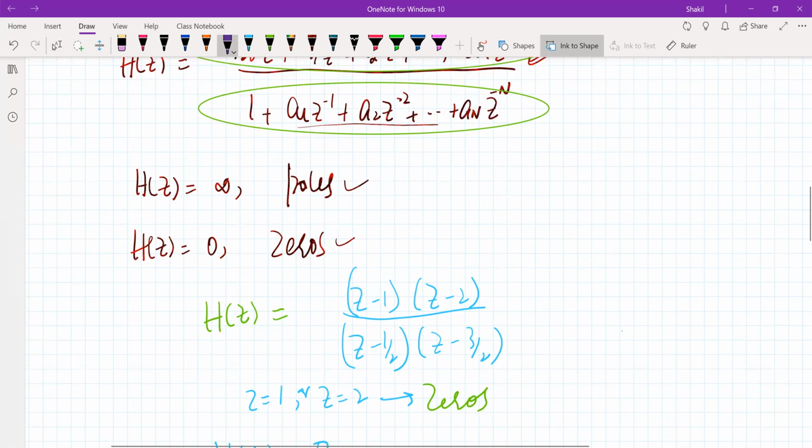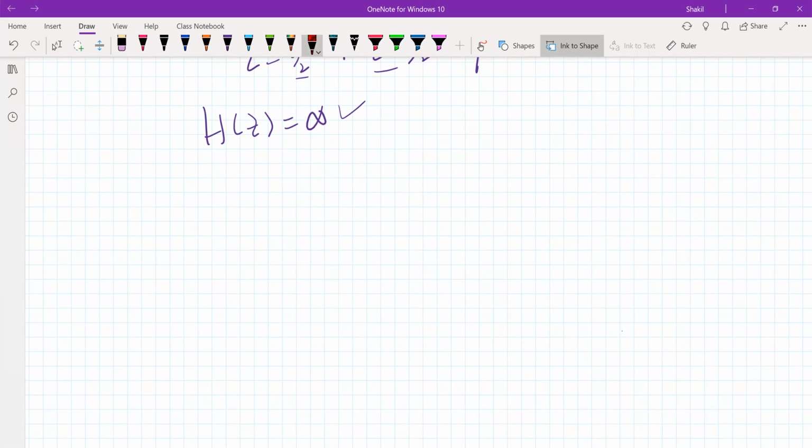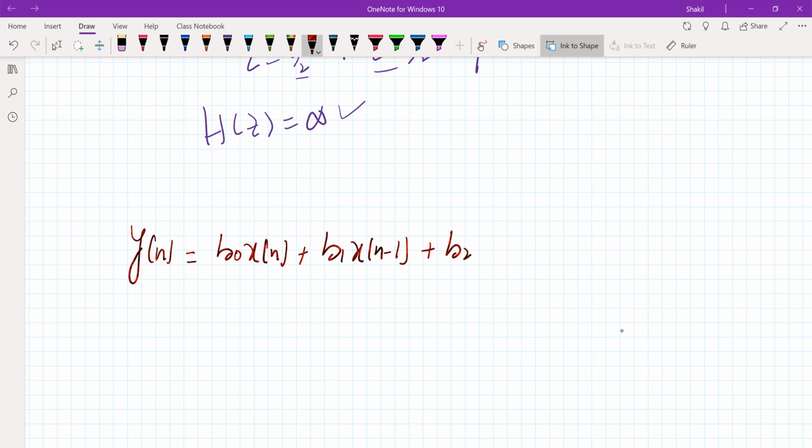So I hope you have got the idea of what we mean by poles and zeros. Now let me rewrite the nth order differential equation again. This time I will write the current output on one side and the rest of the terms on the other side.